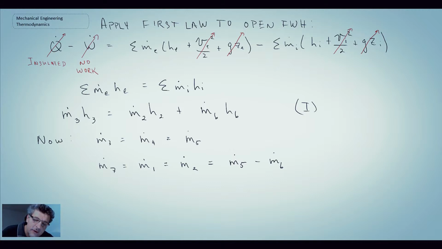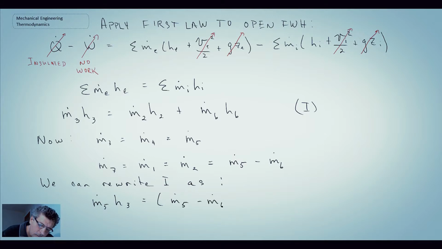And so with this, we can rewrite equation 1. That's just rewriting equation 1 that we had up here, coming down and making the substitutions for the mass flow rate.